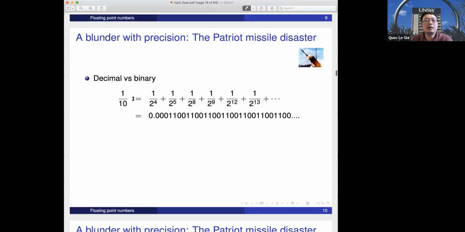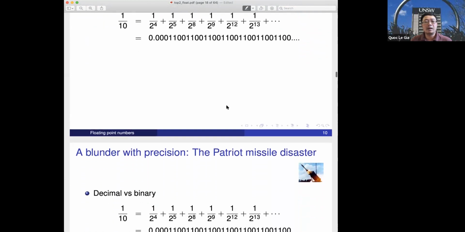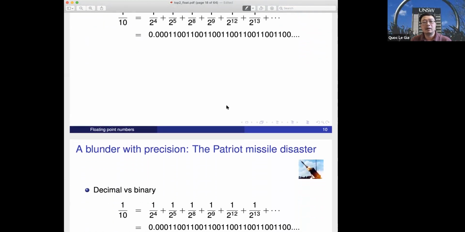When you represent 1/10 in binary, you have infinitely many digits. They can store only finitely many digits, so there's a consequence: there are errors, and the errors can be amplified.